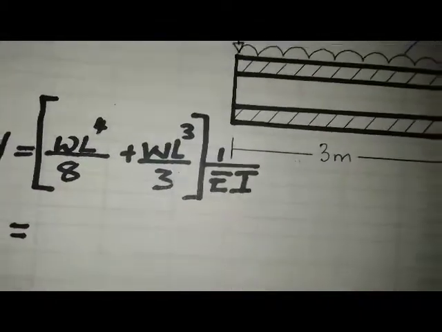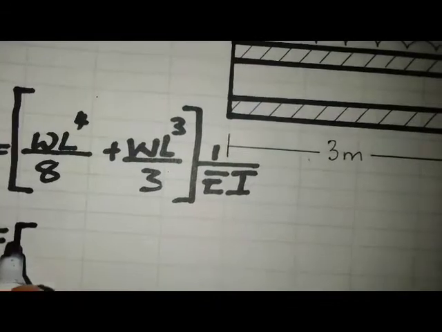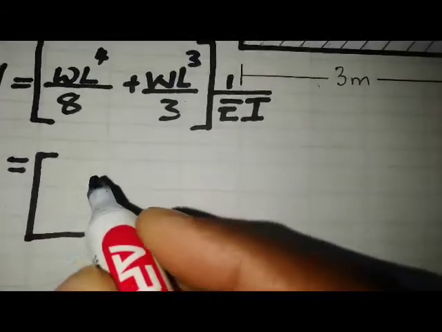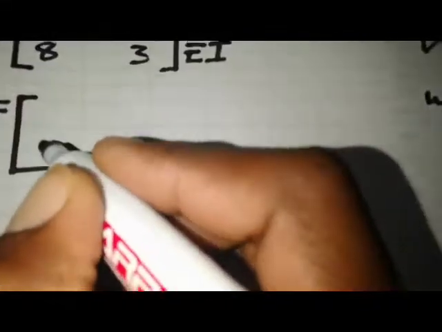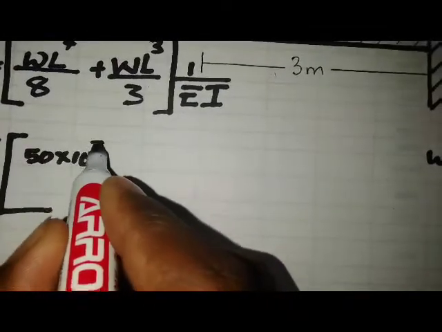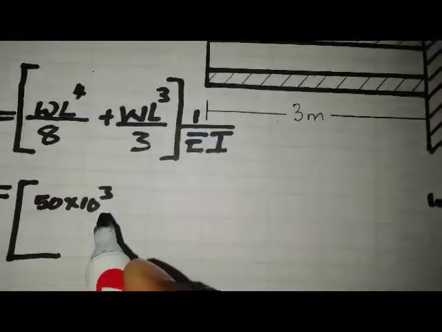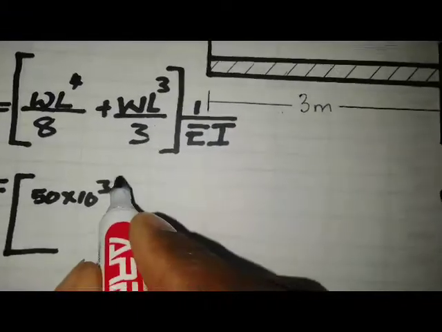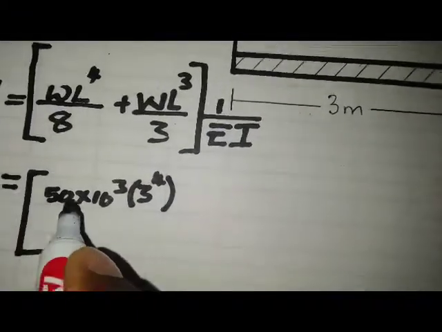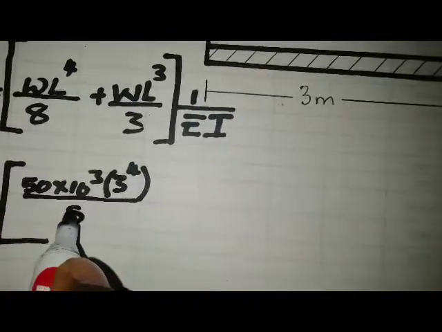Okay, so we're going to substitute into this equation now. So it's W, 50 kilonewtons, and L, the length, is 3 meters, so it's 3 to the power 4, divided by 8.